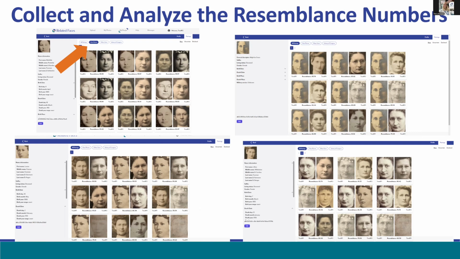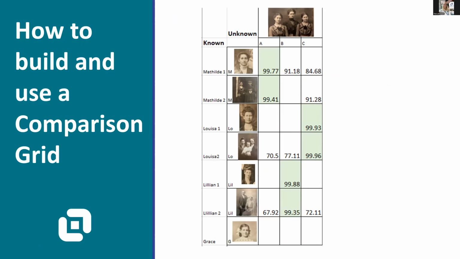Since I have 4 sisters, I'm trying to determine which is which. I need to find these pairings from all of their profiles. I'll then record the resemblance numbers in a chart. I use charts to compare the resemblance numbers and see what makes sense.